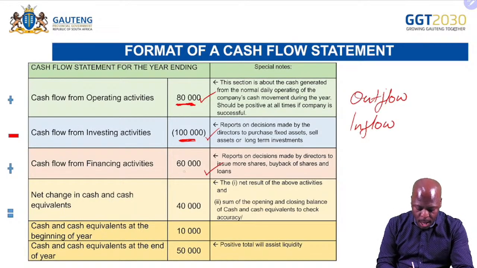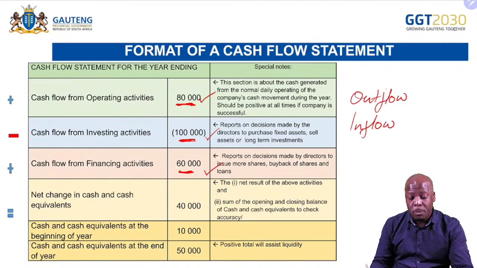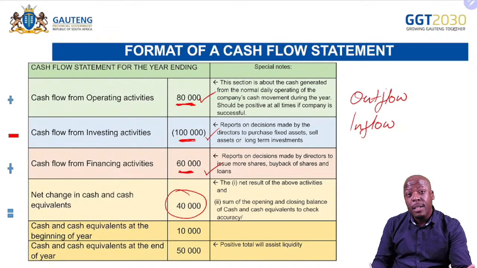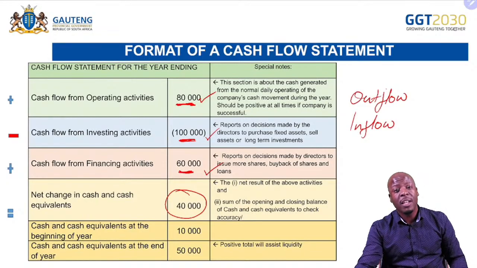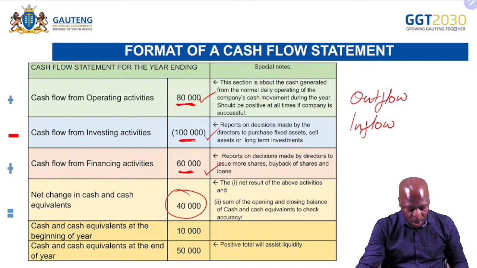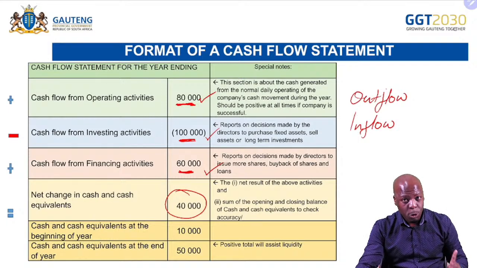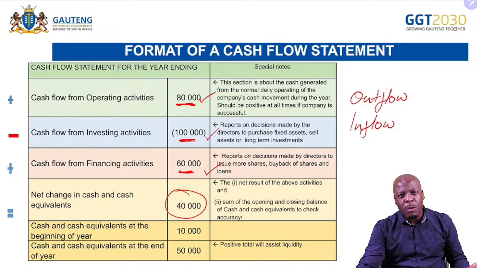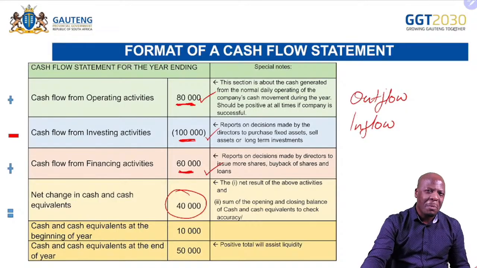That means you're going to say plus 60,000. Your calculator is automatically going to give you your 40,000, which is what you find here. And we call it the net change in cash and cash equivalents. Very important. Don't forget, brackets are very, very necessary. Now, the last two parts of the cash flow statement are the reason why we prepare the cash flow statement.